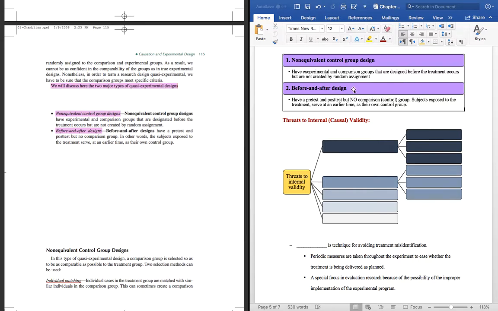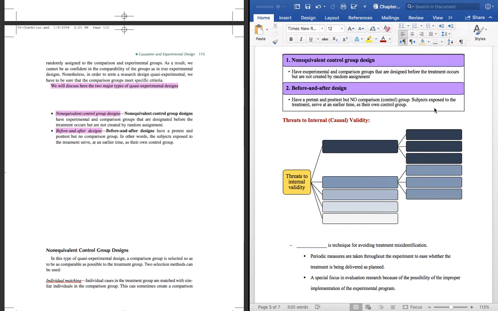And then in the before and after design, we only have a group, but we have a pre-test and a post-test on our experimental group. In this case, the subjects in our experimental group that are going to be exposed to the treatment serve at an earlier time as their own control group. So at the pre-test, they have not received a treatment, so they are technically a control group.